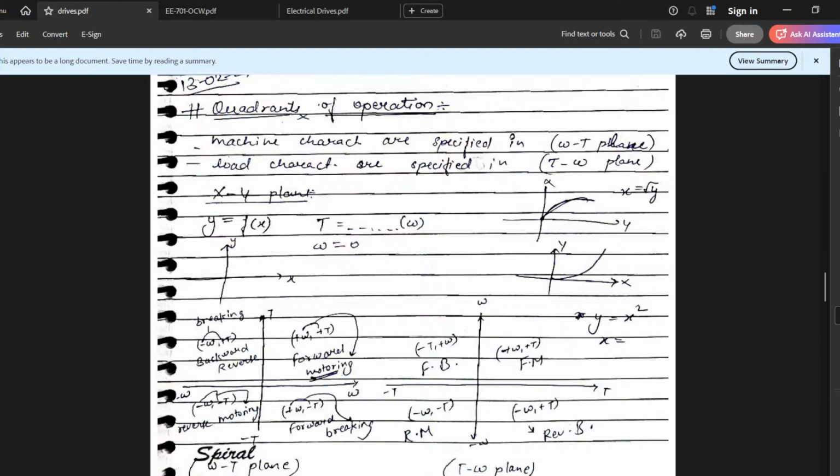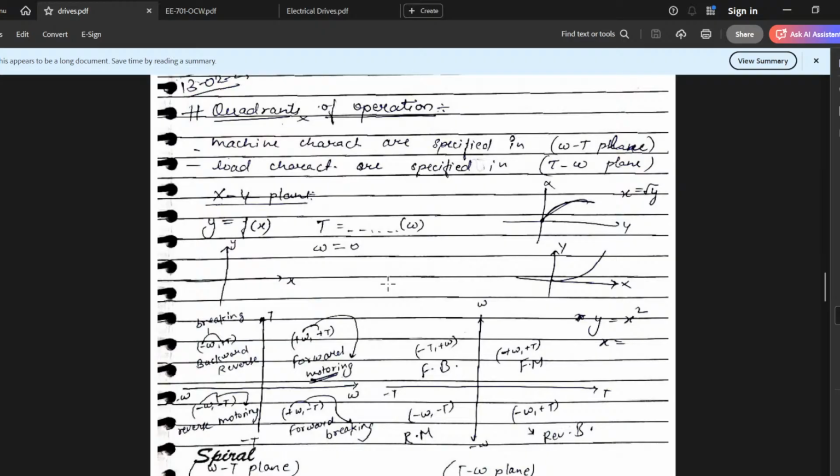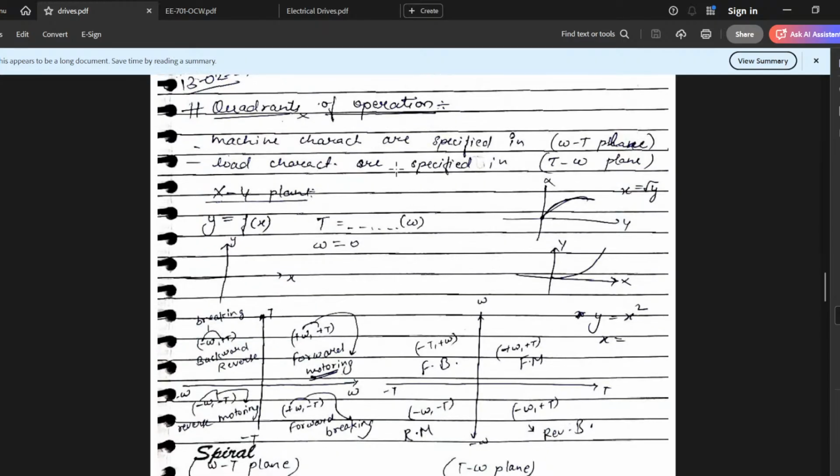What was written in the syllabus? Was it electromechanical transients? Yes, there is. Quadrants of operation. Machine characteristics are specified into speed torque and torque speed.